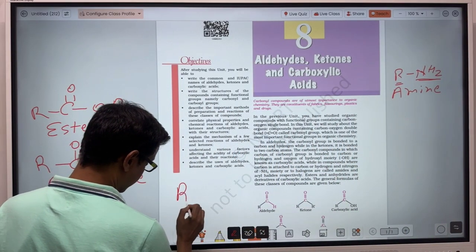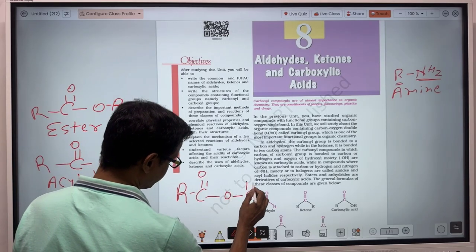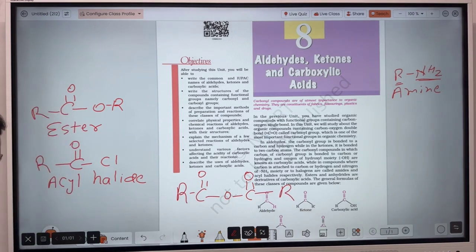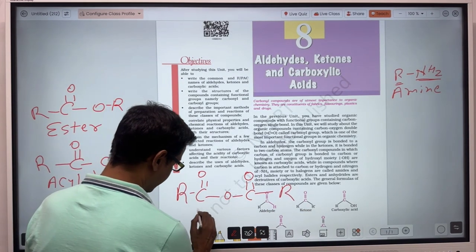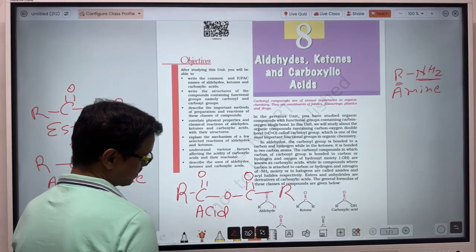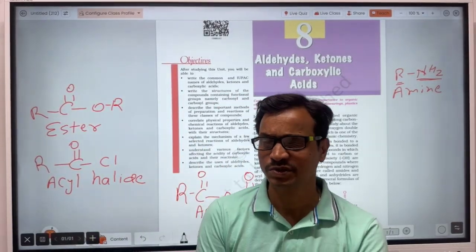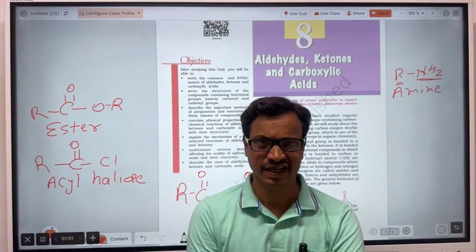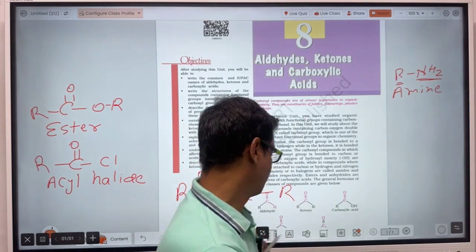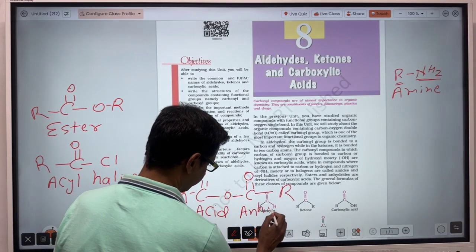If two acyl groups are bonded to an oxygen like this, it will be called acid anhydride, because this compound forms by the removal of a water molecule, by dehydration of carboxylic acid. So that's why this compound is called acid anhydride.